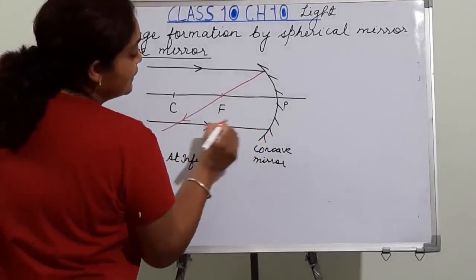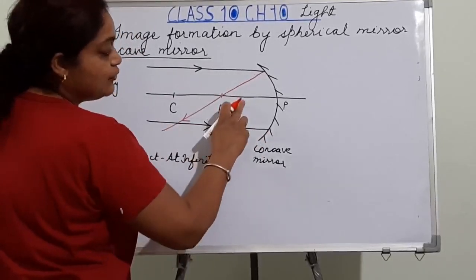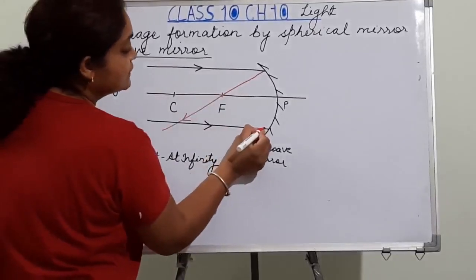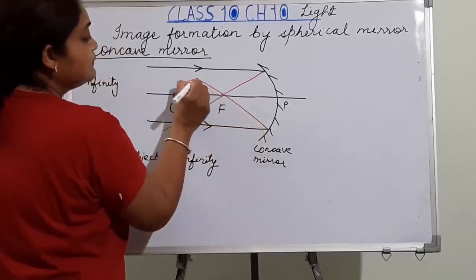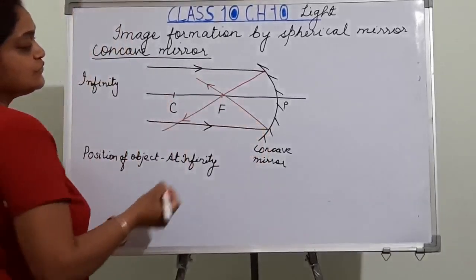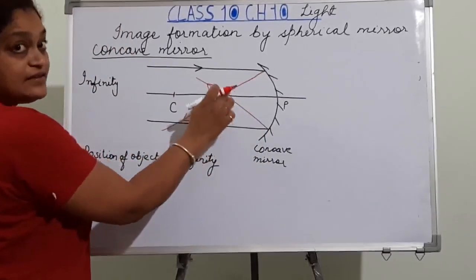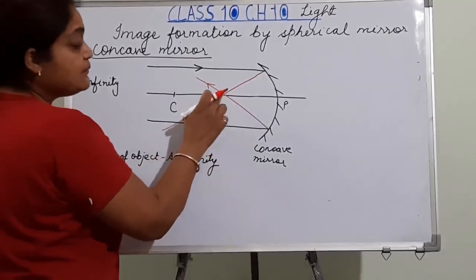Any ray which is parallel to principal axis, after reflection it will pass through focus. So where is the image formed? Where the 2 reflected rays meet. So they are meeting at focus.